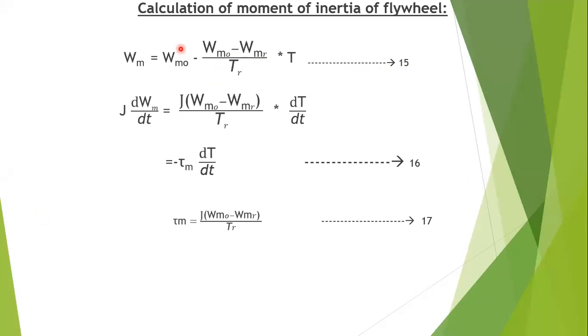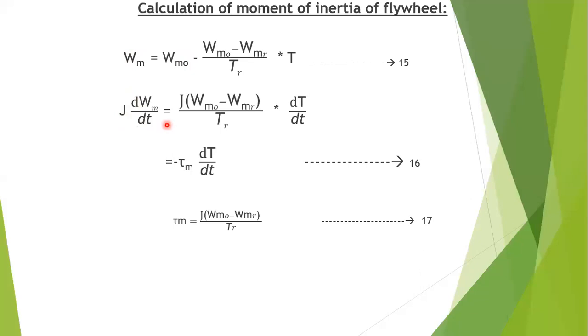Okay, and we are differentiating this equation 15 and multiplying with J on both sides. Differentiating means d omega m by dt and multiplying with J. So the LHS becomes J into d omega m by dt.